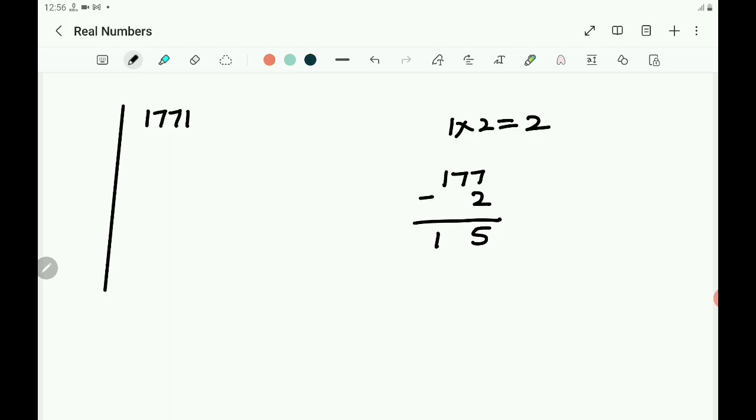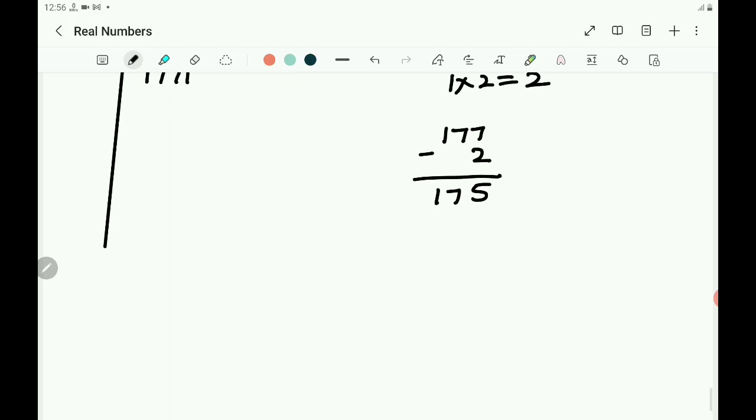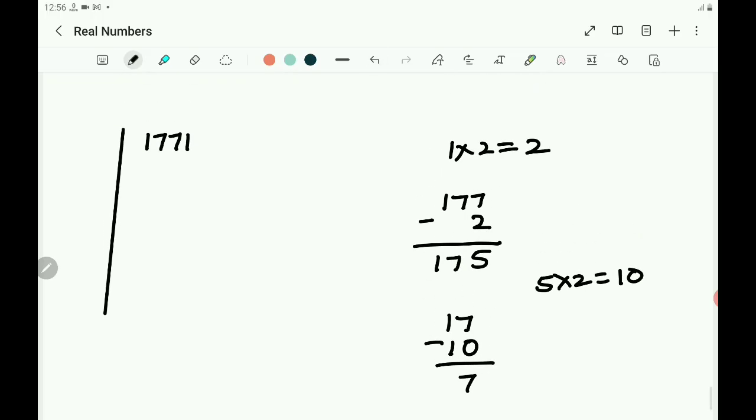You got 175. Again you take the 5. Double it. 5 into 2 equals 10. And take the remaining truncated number 17. 17 minus 10 equals 7. Then you got 7, which is in the table 7. Then you can conclude this whole 1771 is divisible by 7.